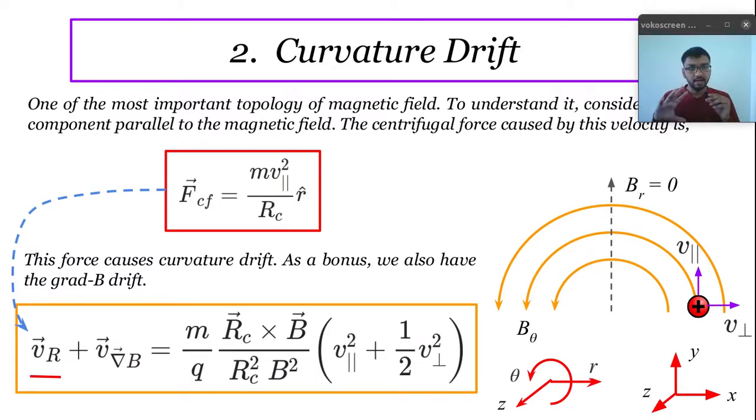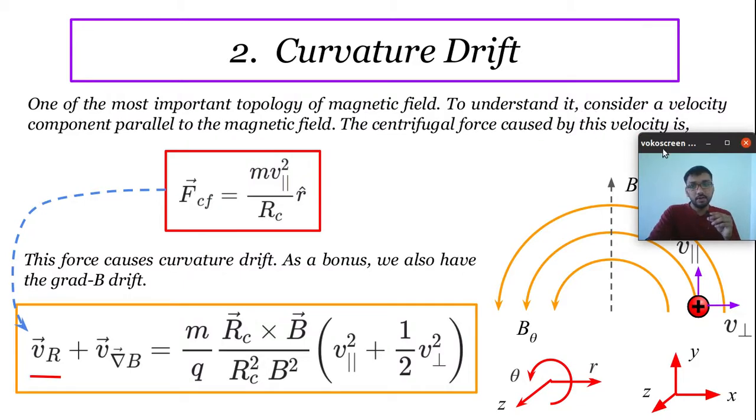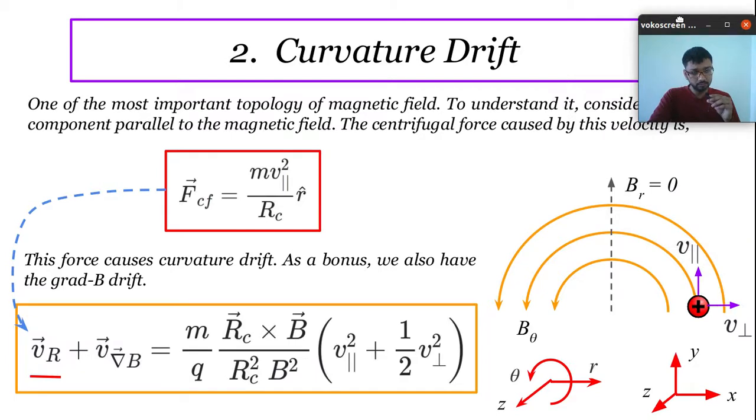To understand it, consider a velocity component of parallel. Okay, so this is our charged particle. For example, let us assume that we have a curved magnetic field like this.